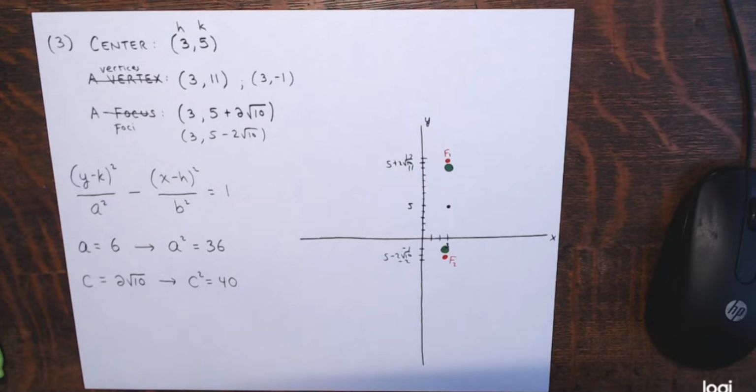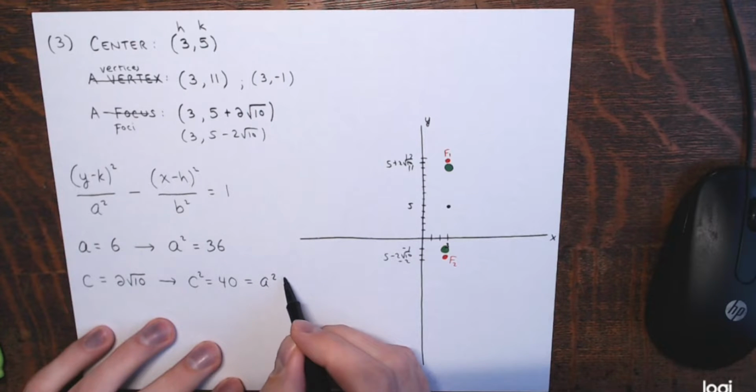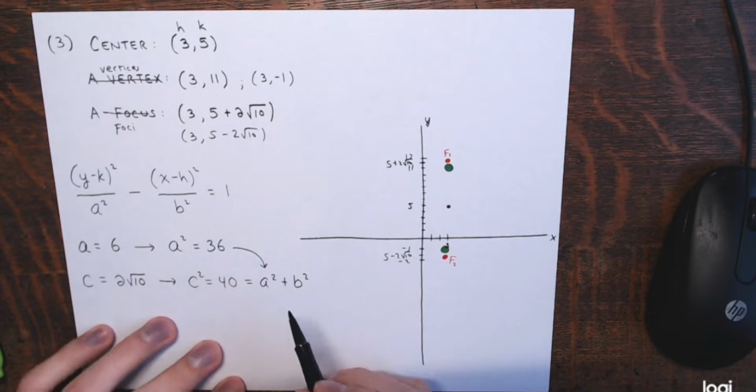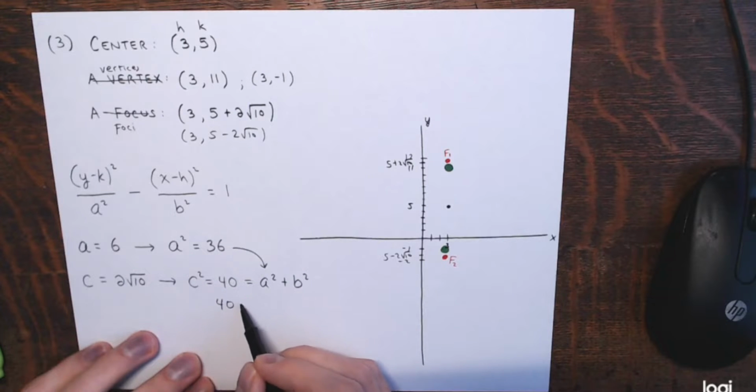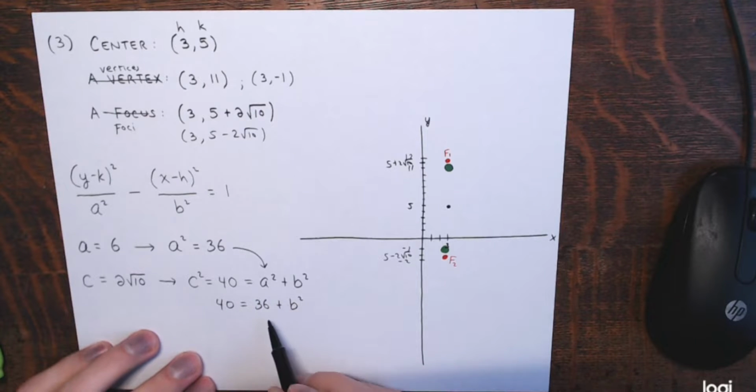But remember, c squared is a squared plus b squared for all these hyperbolas. And I know a squared is 36, so we have 40 equals 36 plus b squared. Subtracting 36 gives me b squared equals 4.